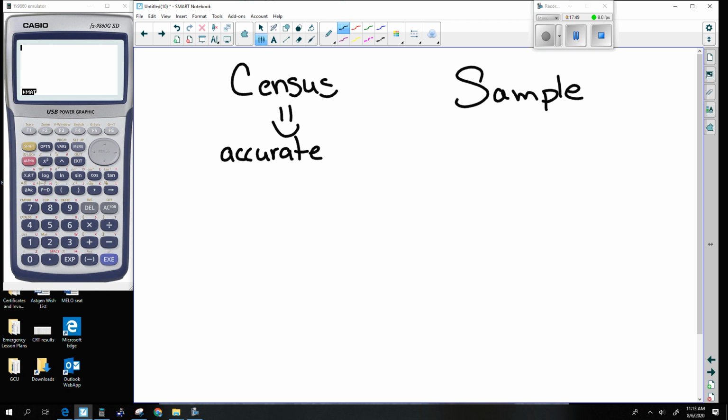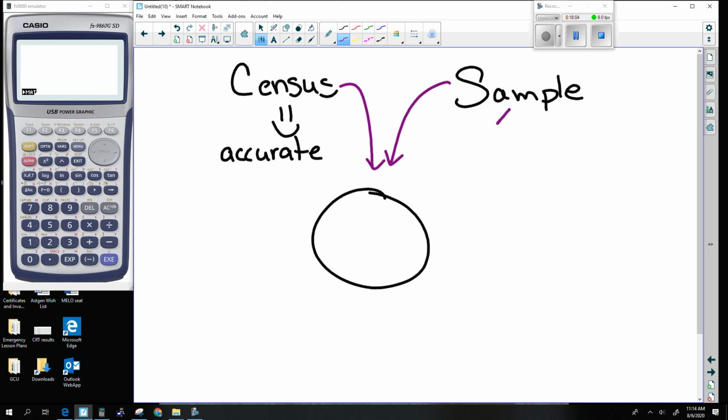Let's say this is your population. Okay? This is your population. And you want to know something about that population. And how you get information is you can take a census or you can take a sample. And again, samples can be subdivided into random and biased. Okay? Census.